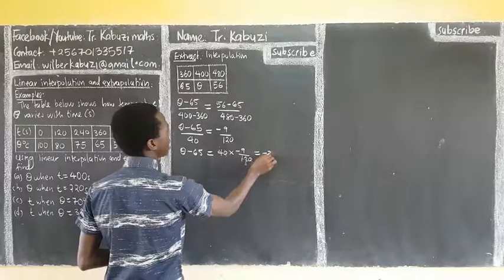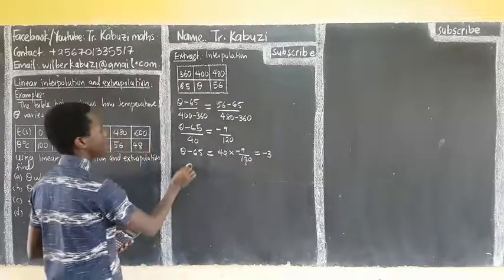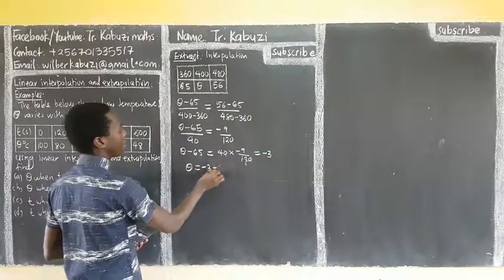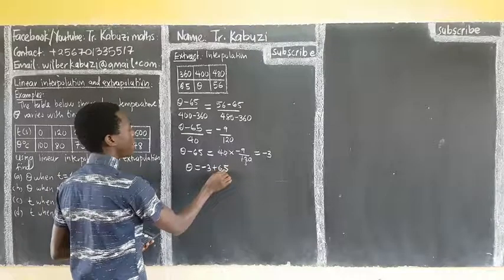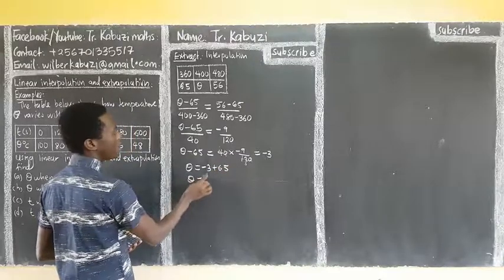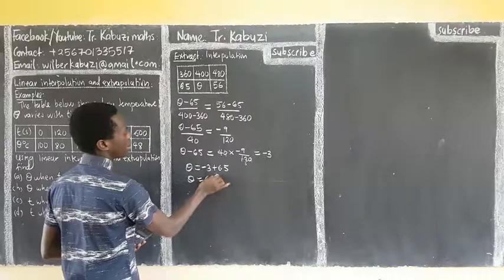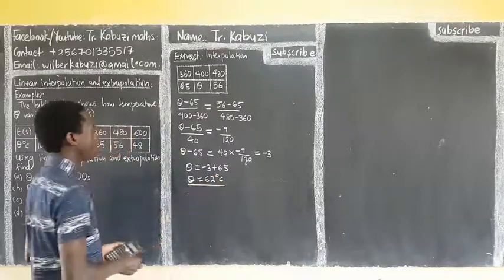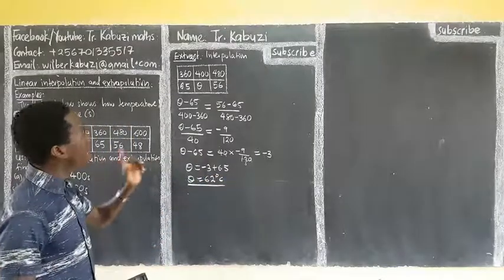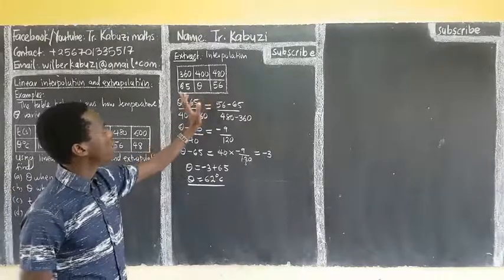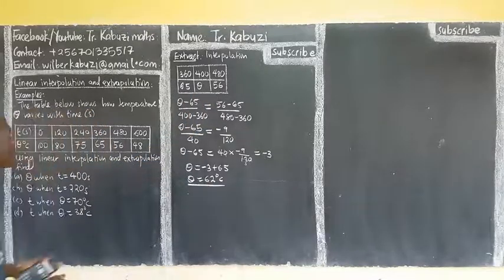So this will give us negative 3. And our theta now will be negative 3 plus 65. So our theta will be 62 degrees Celsius. As simple as that. And with that answer you get, it should be between, as you can see there.